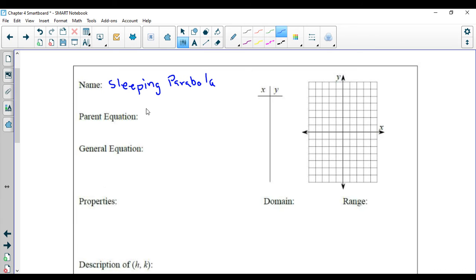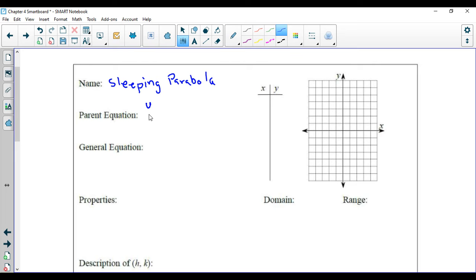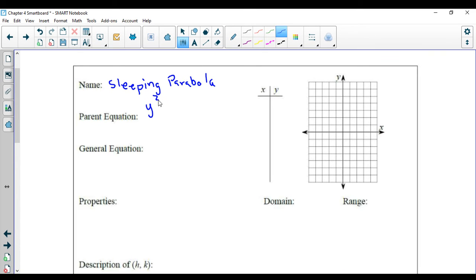And our equation for that is either y squared equals x, which you may see it as, or its equivalent would be getting the y by itself: y equals plus or minus the square root of x.